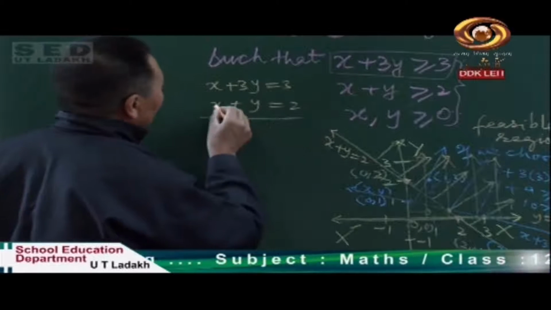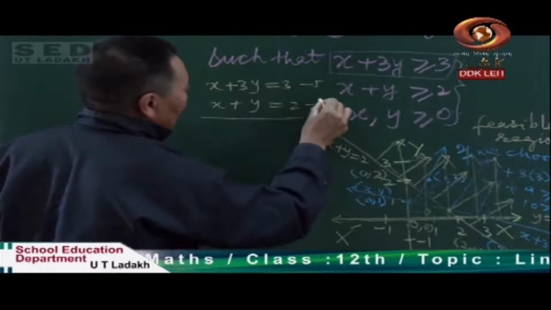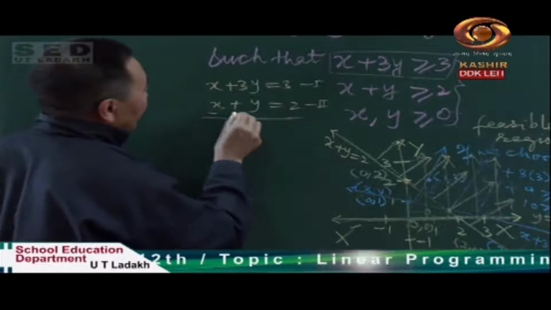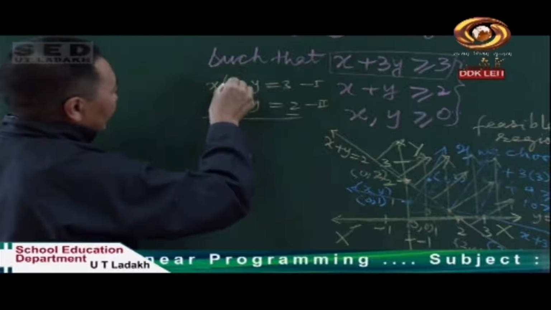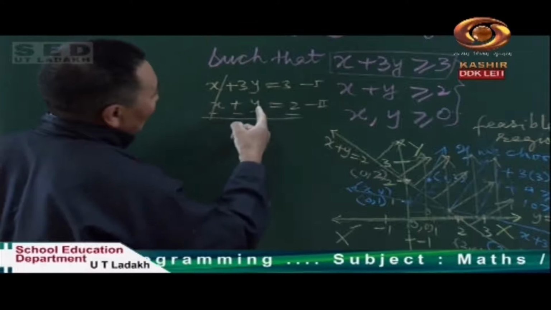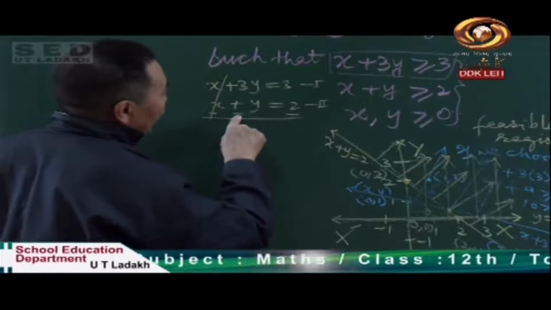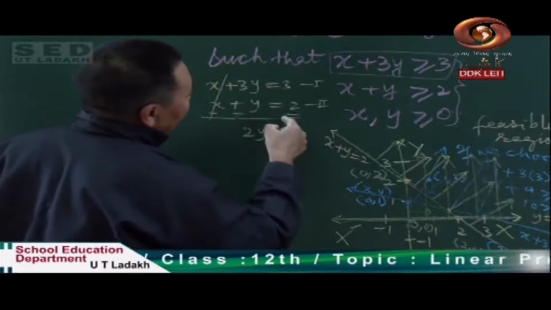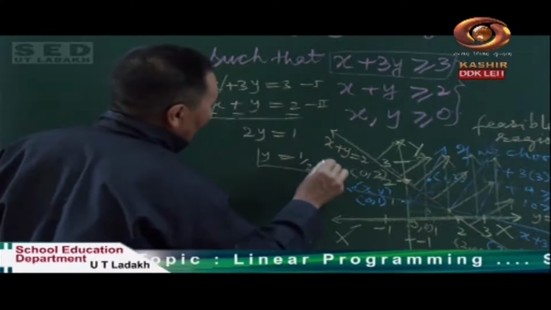If we subtract the second equation from the first, x minus x cancels, 3y minus y becomes 2y, and 3 minus 2 becomes 1, then y equal to 1 upon 2. This is the value of y.